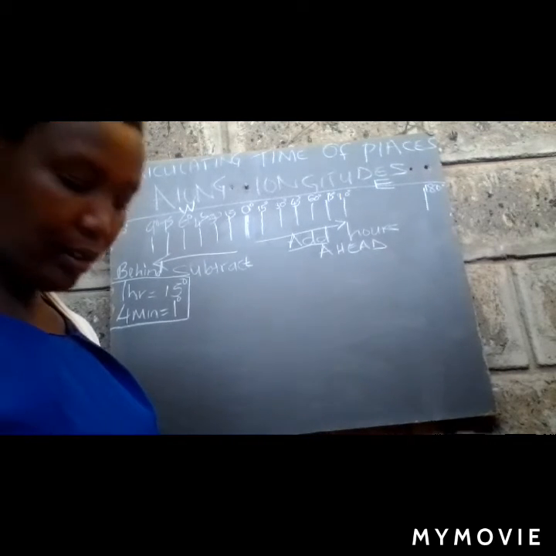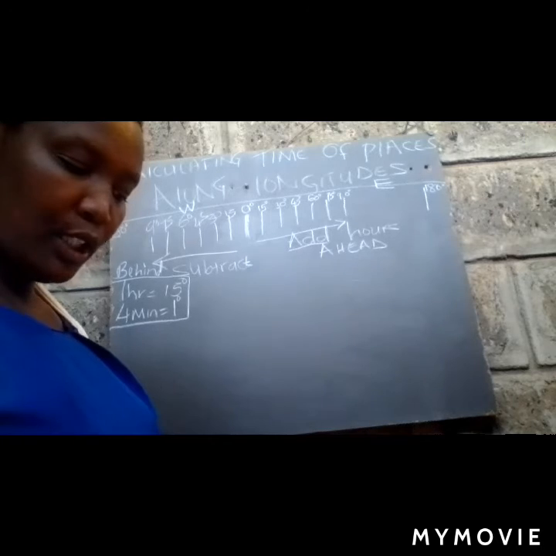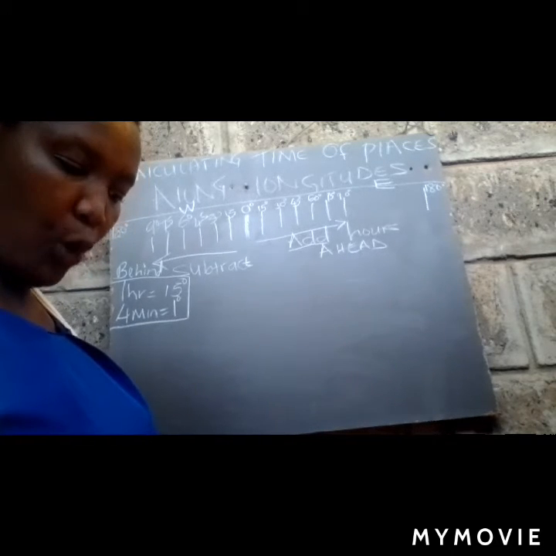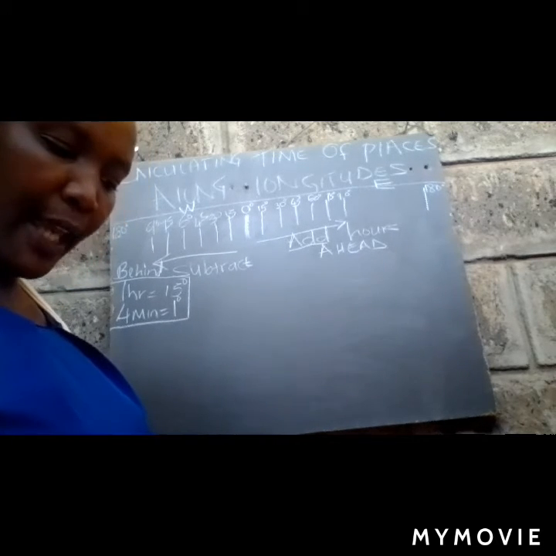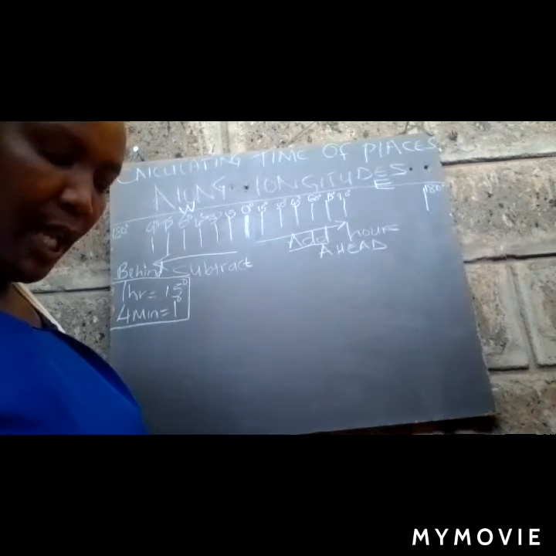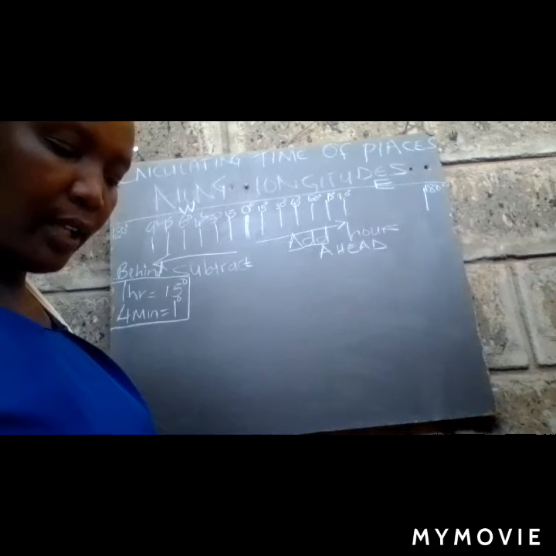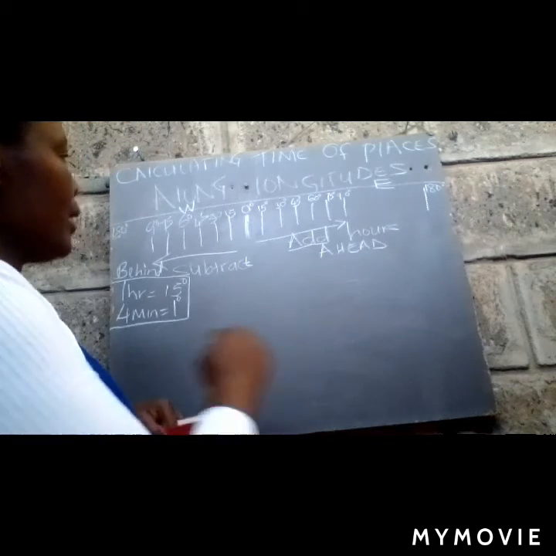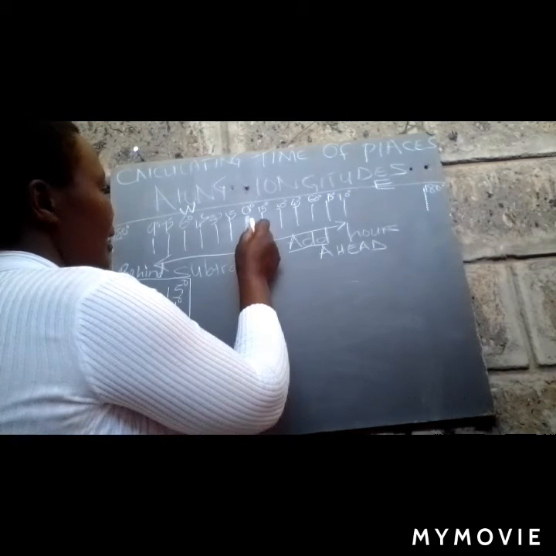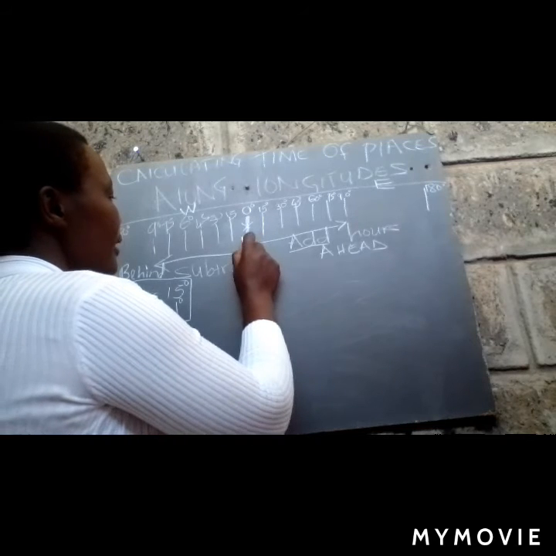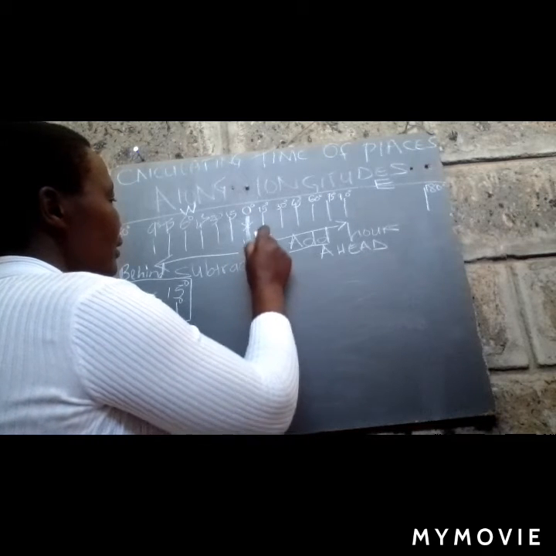Question number 1, which will help us to calculate time of places along longitude. What is the time of a country A at 75 degrees east if time at Greenwich is 12 noon? We are told the time at Greenwich is 12 noon.